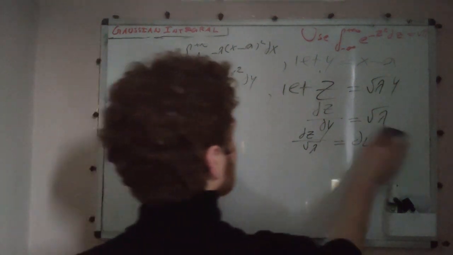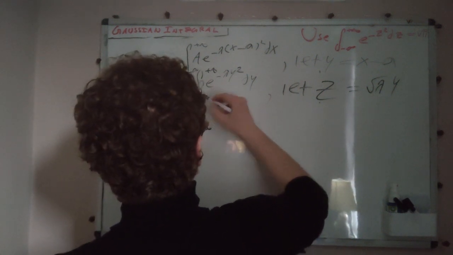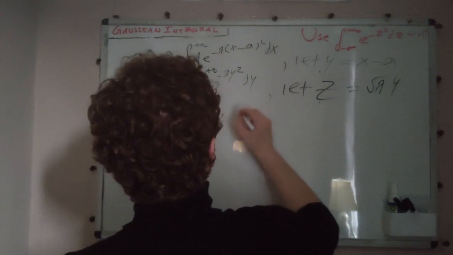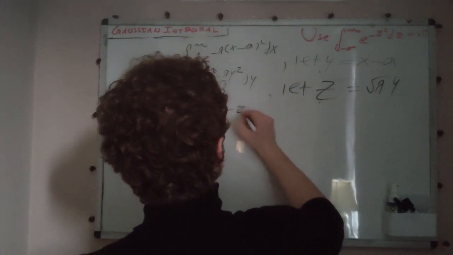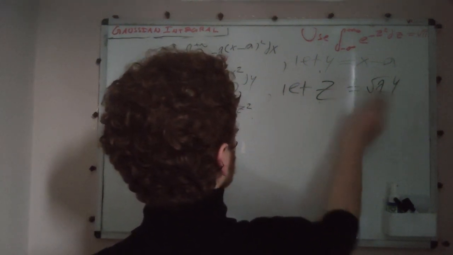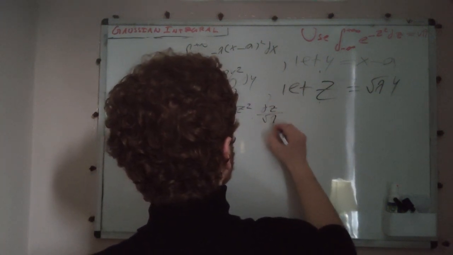So using that, make the substitutions here. A, negative infinity to positive infinity, e to the negative lambda, or sorry, negative z squared now, times, remember we had dz over square root of lambda.